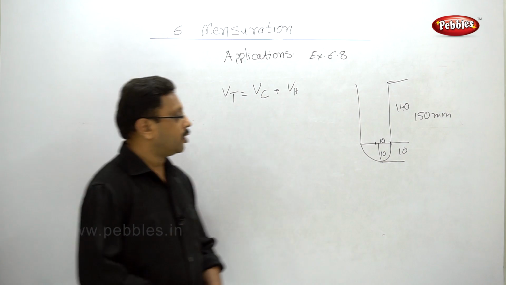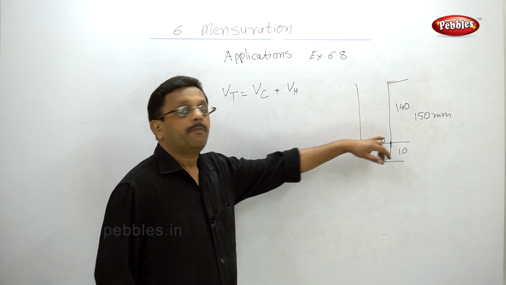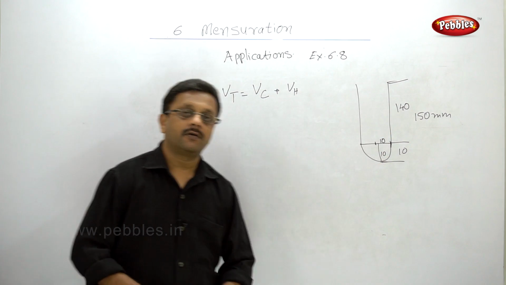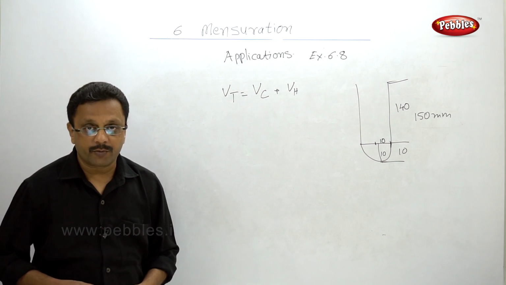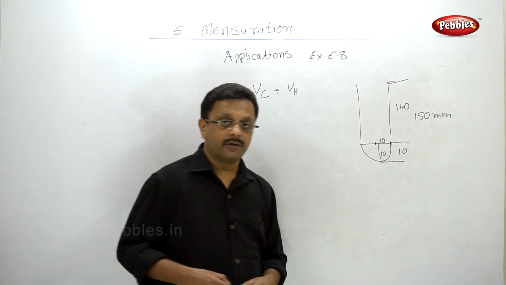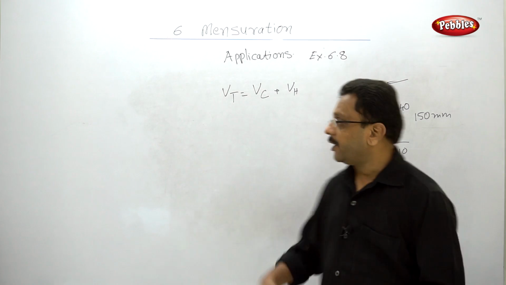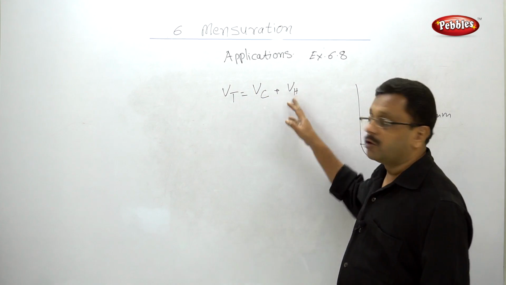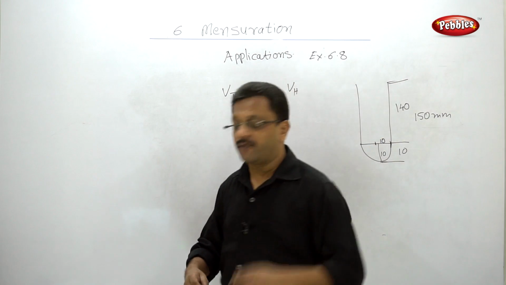Correct? So volume of cylinder is pi r square h, and the volume of hemisphere is 2 by 3 pi r cube. Correct? So please pause your video here, substitute this figure into the formula of volume of cylinder and volume of hemisphere and find out the final answer.